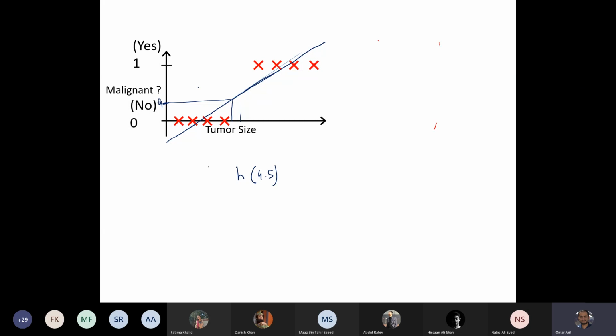Similarly, if I say 5, it gives me some numeric value. Because it's regression, it will be a continuous value.